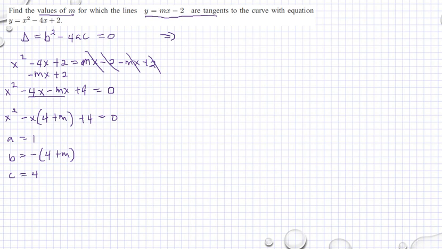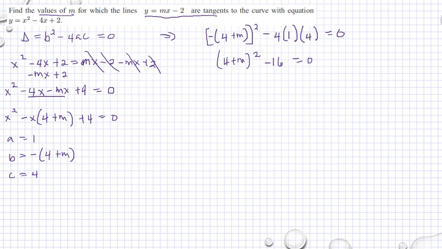Using this formula, we have b squared, which is negative (4 plus m) squared, minus 4, and a is 1, c is 4, is equal to 0. Then we have (4 plus m) squared, since the square of a negative is positive, minus 16 is equal to 0.